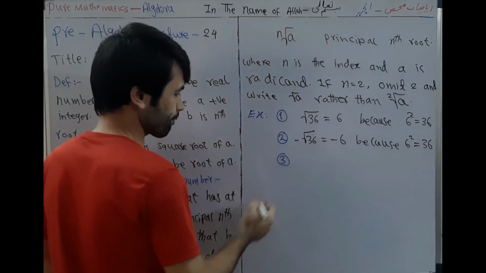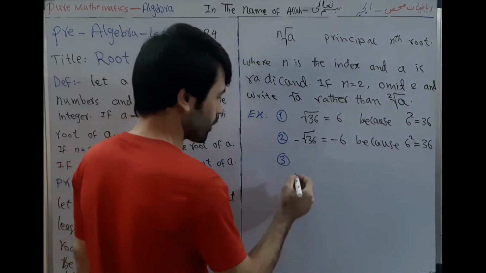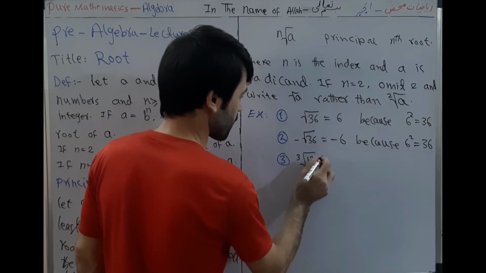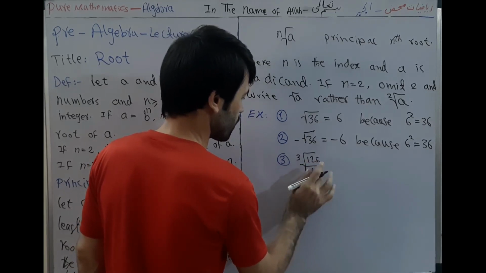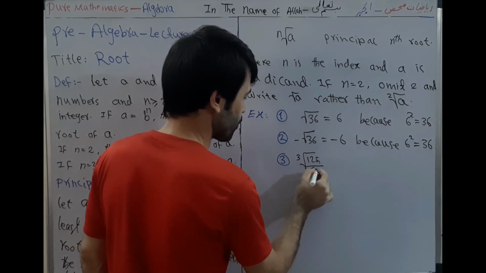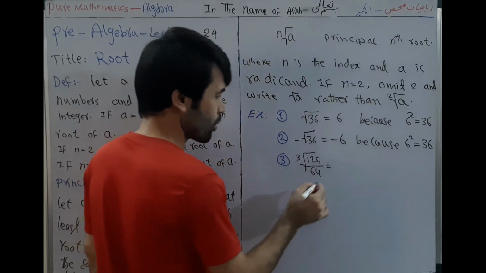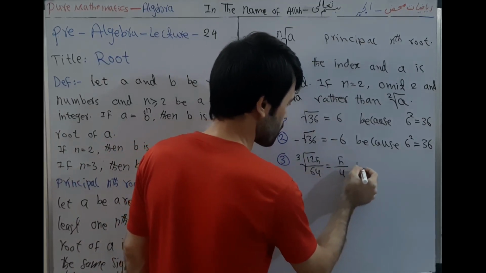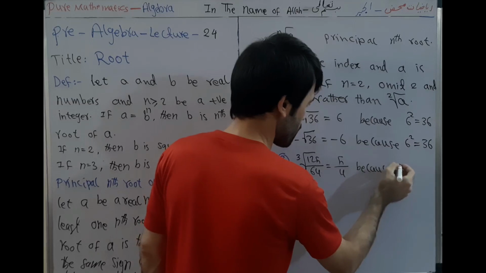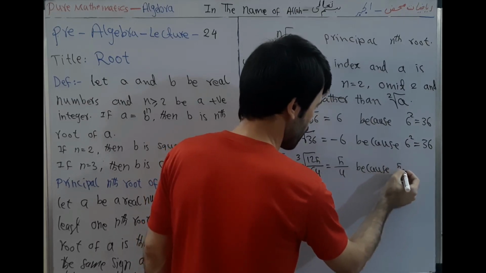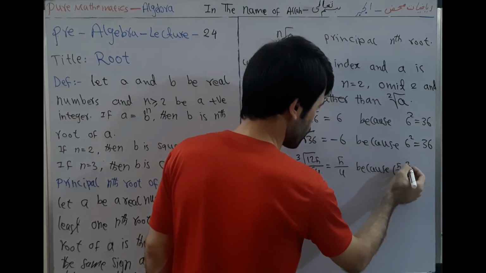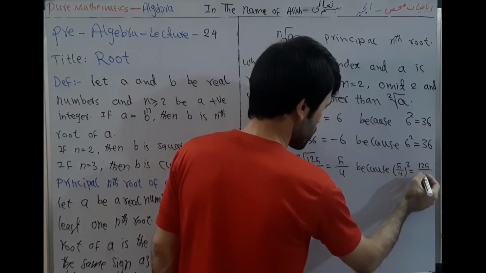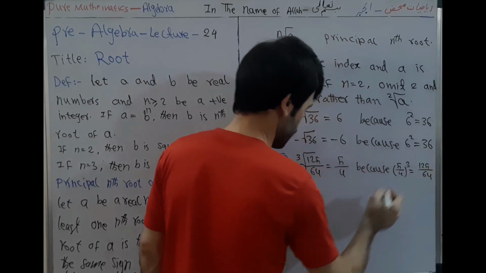Number 3: cube root of 125 over 64 is equal to 5 over 4 because 5 over 4 whole to the power 3 is equal to 125 over 64.